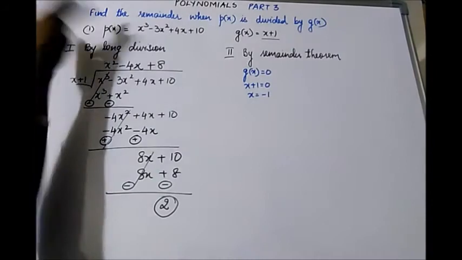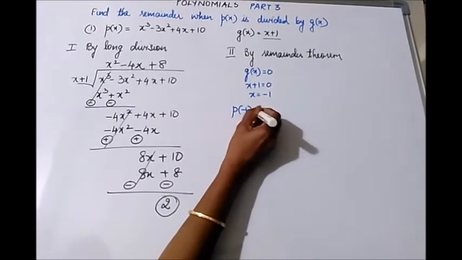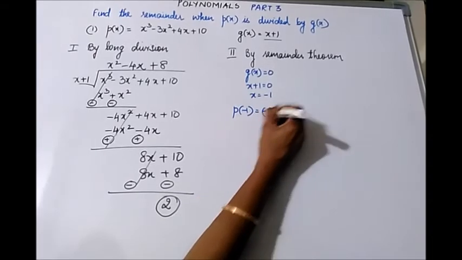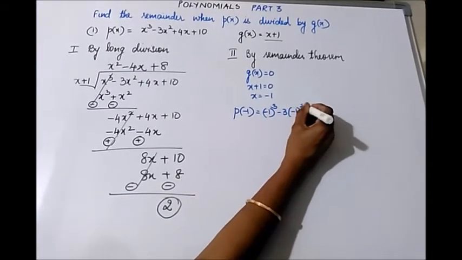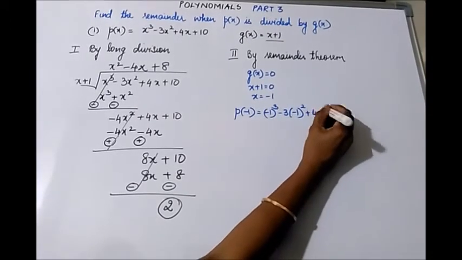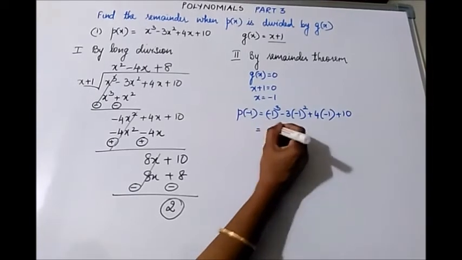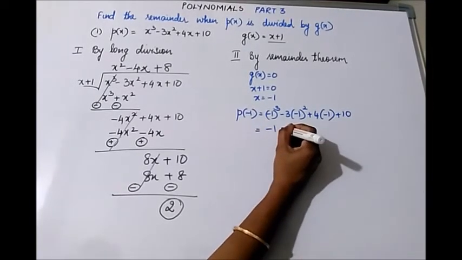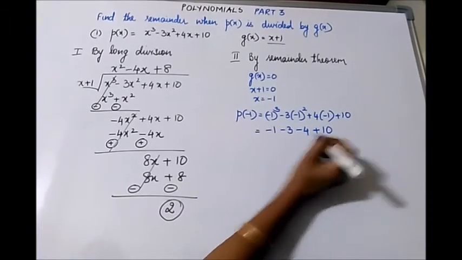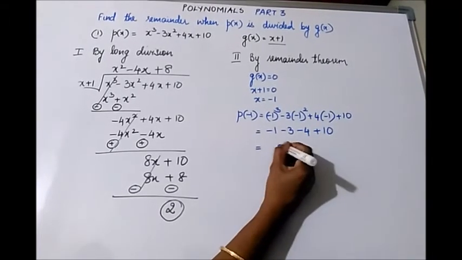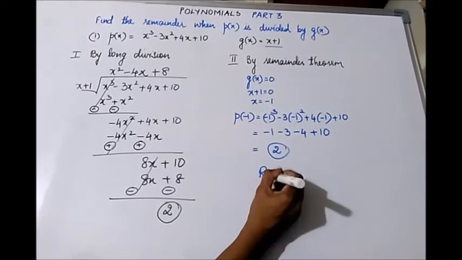In the dividend, in place of x we write minus 1. So it becomes p of minus 1 is equal to minus 1 the whole cube, minus 3 into minus 1 the whole square, plus 4 into minus 1 plus 10. This will give us minus 1, minus 3, minus 4 plus 10. This will give us 2. What is 2 here? 2 is the remainder.